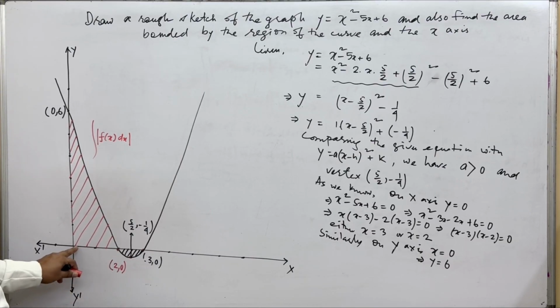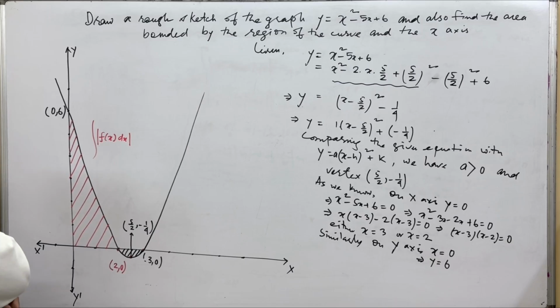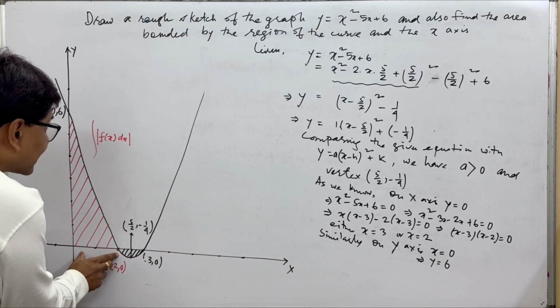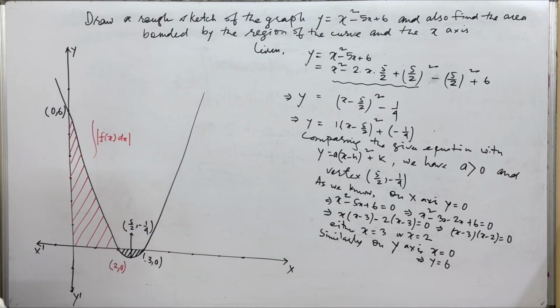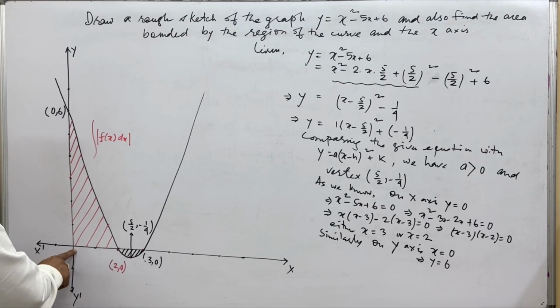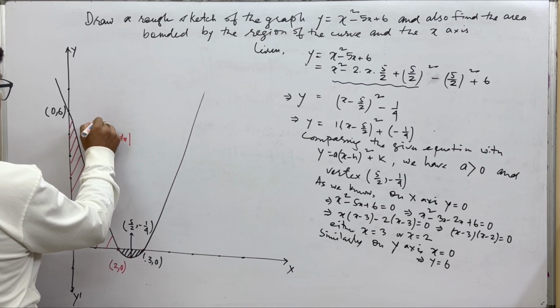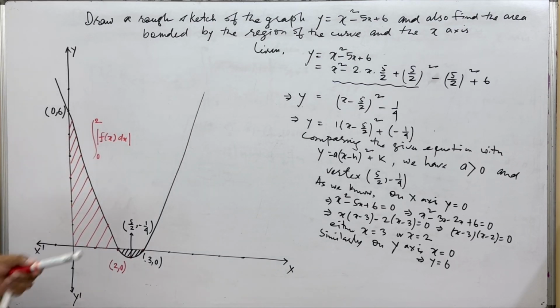This is x equals 0 and this is 2. Whenever we are finding this, we should consider only the x-axis. So only this region we are finding, this is 2 and this is 0. So from 0 to 2 we have to find out and we could get this area.